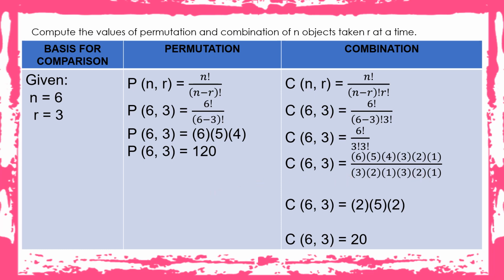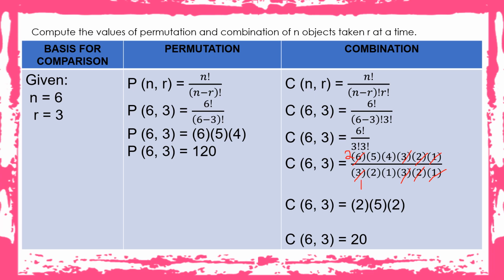And again, this is division, so we can have cancellation. So we can cancel 3, 2, and 1. And you can see here that we can simplify or divide 6 and 3 by 3. So 6 divided by 3 is 2. And 3 divided by 3 is 1.